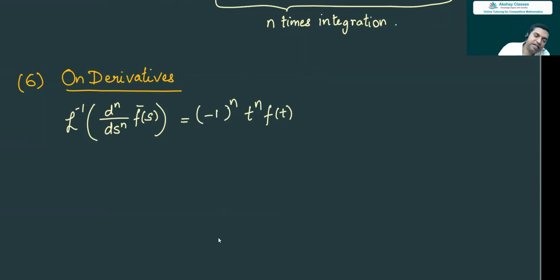Once multiplying by t, we differentiate the Laplace transform. So n times multiplying, we'll differentiate n times with minus 1 to the power n sign. So same thing in the reverse way, we get this.